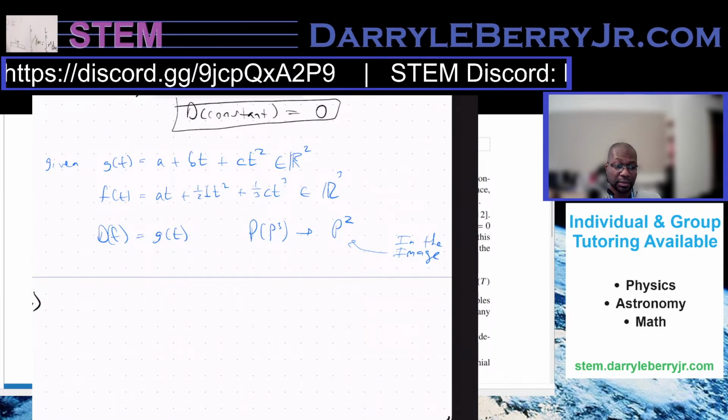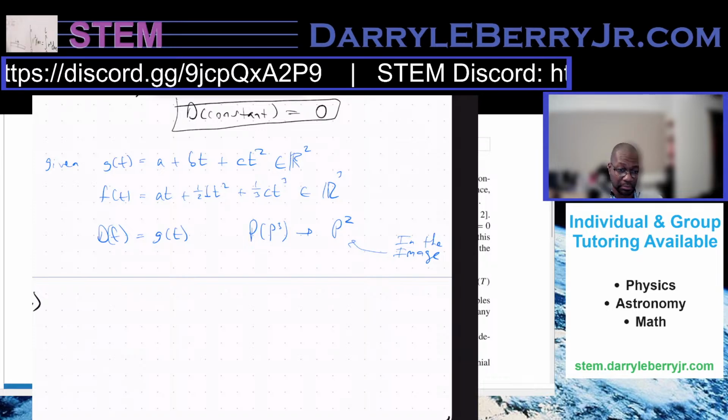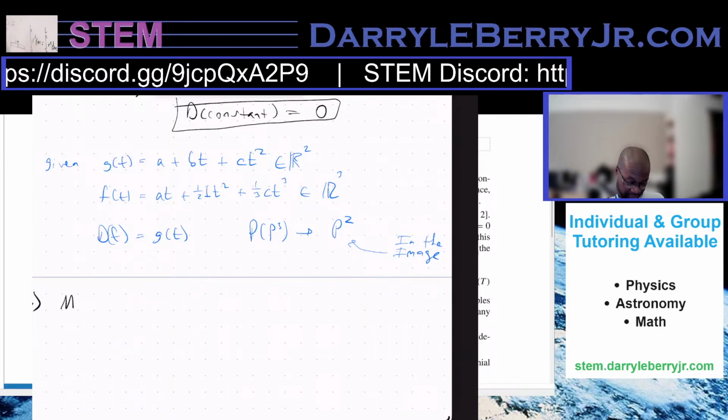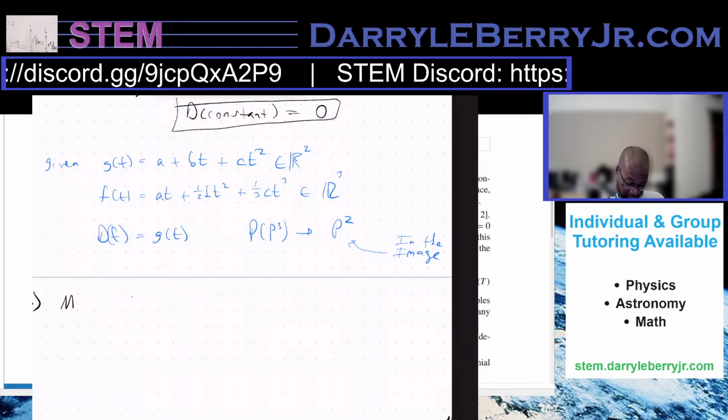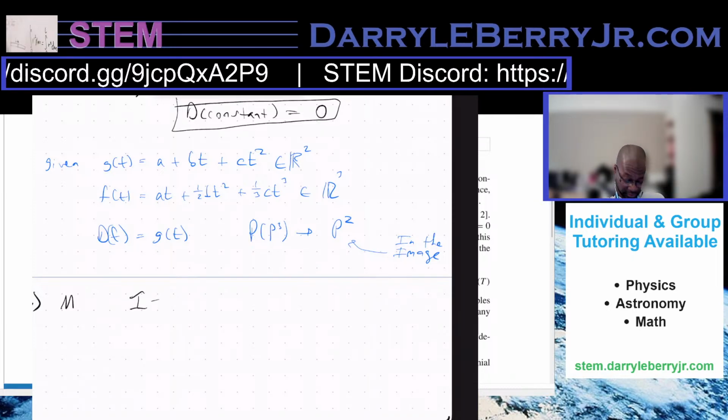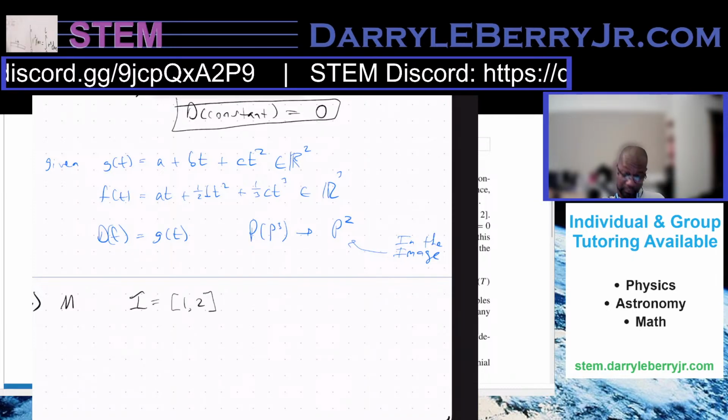B says, instead of the linear map M defined in 2A with the interval, so now they're giving us an interval I equals 1, 2.